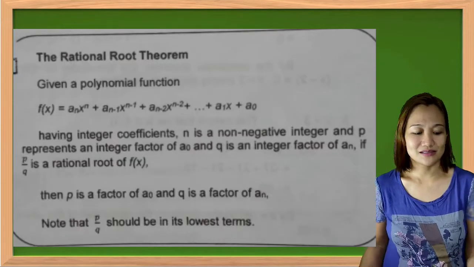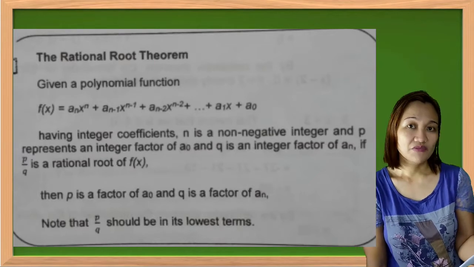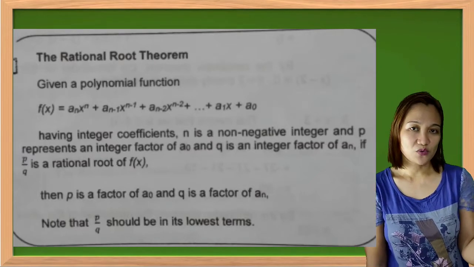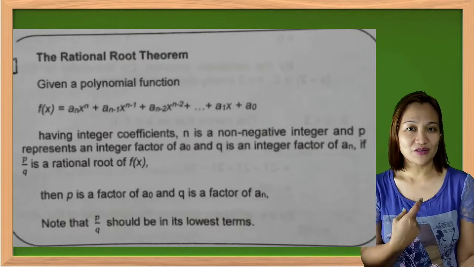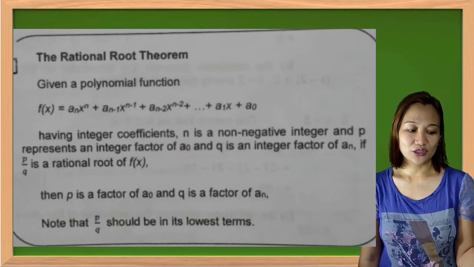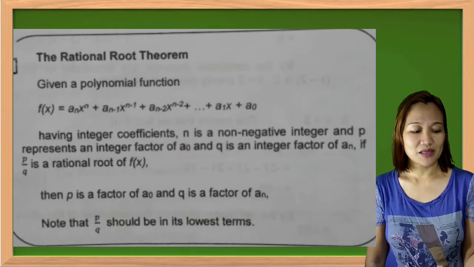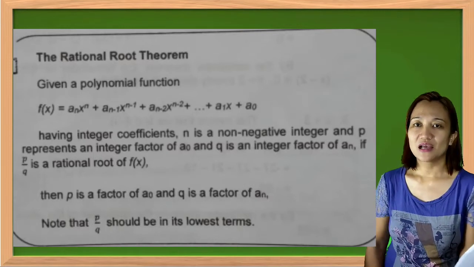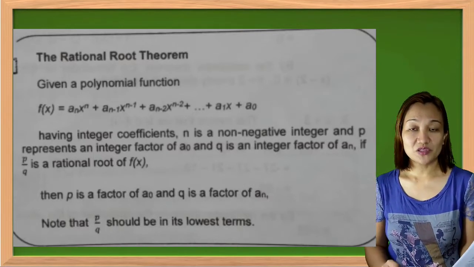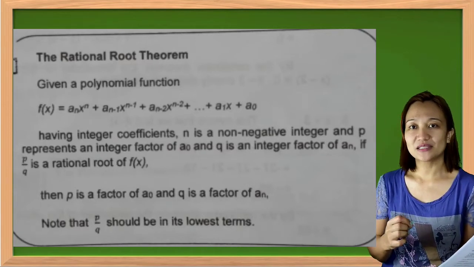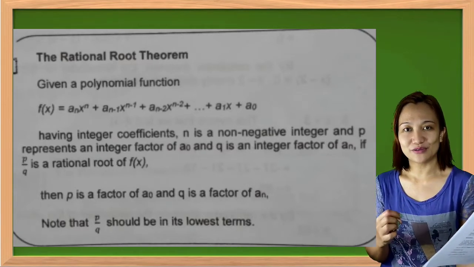Okay, so what does it say? Given a polynomial in standard form, f of x is equal to, nagpa-flash na po sa screen ang rational root theorem, a sub n x raised to n, the leading term, plus a sub n minus 1, x raised to n minus 1, and so forth and so on, up to a x plus the constant term, a sub 0.